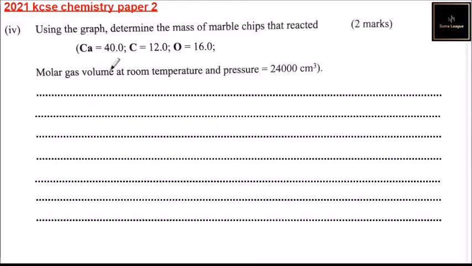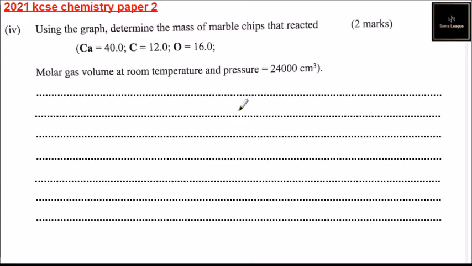Part 4, using the graph, determine the mass of marble chip that reacted. So we are given the formula mass: calcium is 40, carbon is 12, and oxygen is 16. So with that, molar gas volume at room temperature and pressure is 24,000 centimeter cube.